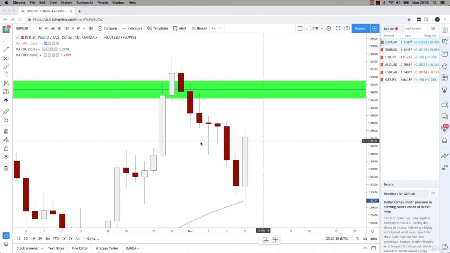Now in terms of the wick, there's been a lot of movement with this candle. So at some point in the day, price moved down here and then buyers come into the market and push price back up. But overall, this is still a candle where sellers are in control, as price has closed below the opening price.